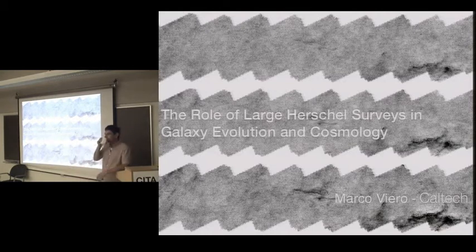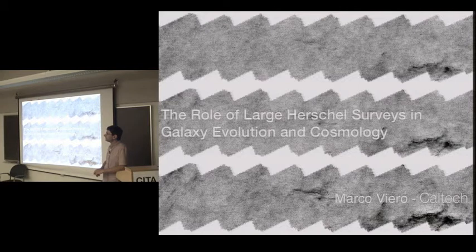So Marco was a graduate student here, and he graduated a couple years ago. And he went to Caltech. Marco worked on measuring lots of stuff, including the power spectrum of the cosmic infrared background using IRAS. When he did it, he was the first one to do it.